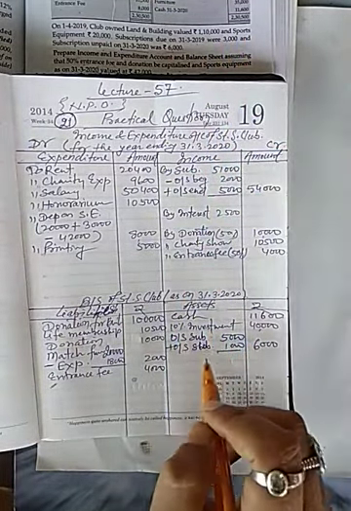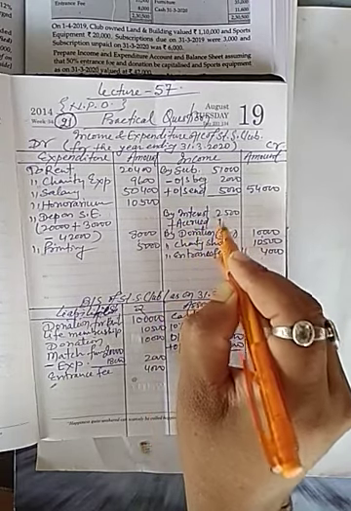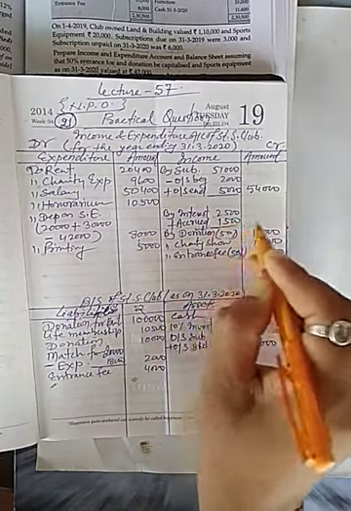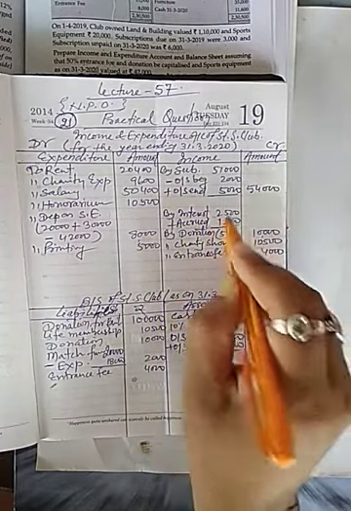So 10% of 40,000 will be 4,000, and I have received interest 2,500, so accrued interest should be 1,500. I will write 4,000 total interest, and accrued interest will show in the balance sheet, 1,500.